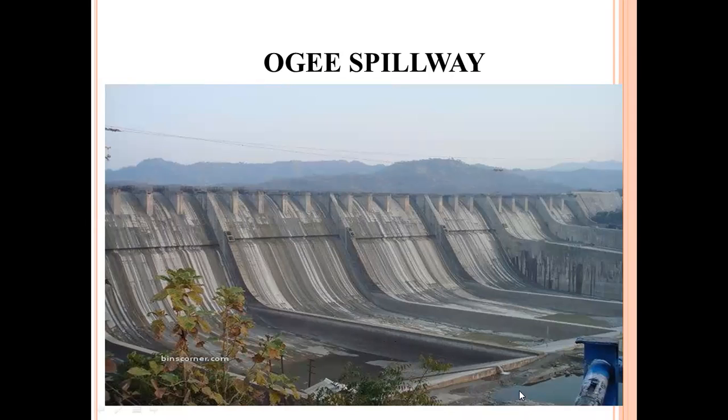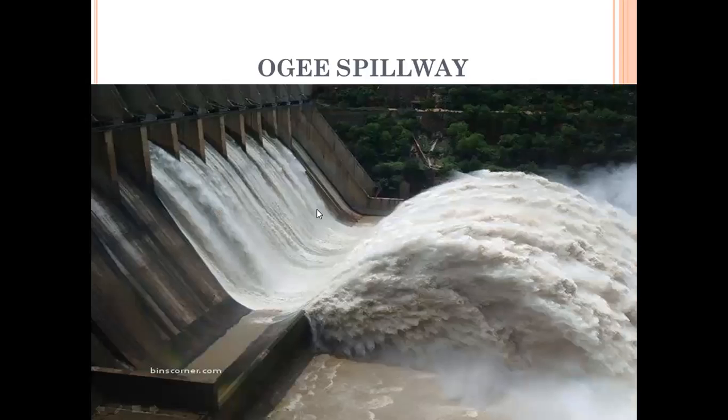Stilling basins, hydraulic jumps. You can see water is coming from there and flowing. This one is the hydraulic jump. From this point to this point, it is the hydraulic jump.